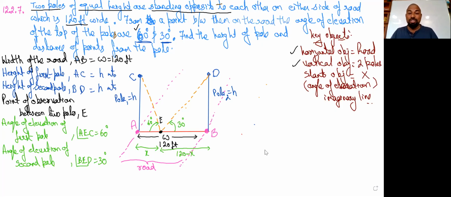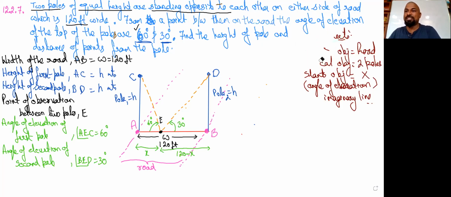Because the total measurement of the road is 120, just now we got it. If you take one part as x, the other part will become 120 minus x. So I have taken the second variable and given a connection between both the triangles. x is there in the small triangle and x is also present in the second right angle triangle. That is the logical way of dealing with the sum.